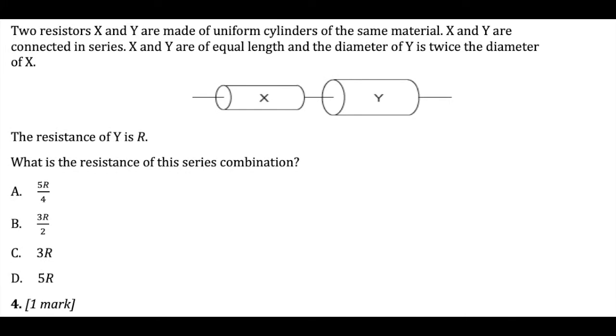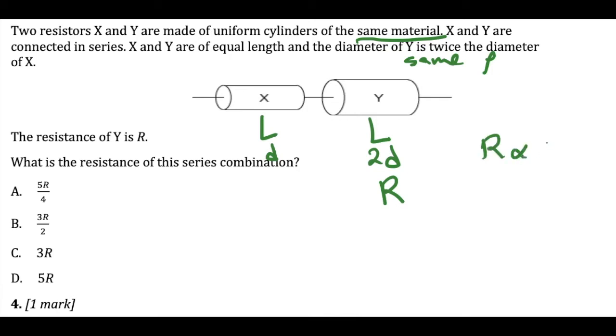In question number 3, we have two resistors made of uniform cylinders of the same materials. So that means the same rho. It won't affect our answers. And they're connected in series. Now they have equal length, but the diameter of Y is twice the diameter of X. So if this is diameter D, this is diameter 2D. We are given that the resistance of Y is R. Now in question 1, we figured that R is inversely proportional to the diameter squared.